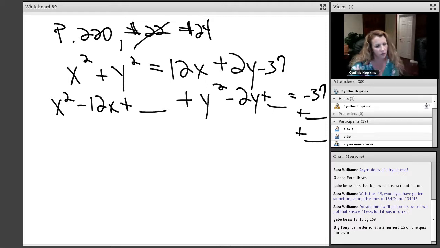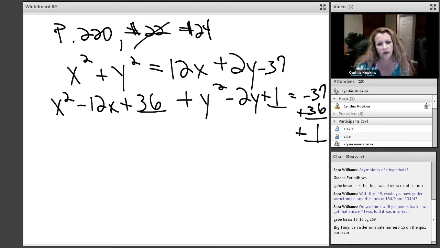Okay, the leading coefficient of x squared is a 1. That's why I can take half of my negative 12 and square it, and I get plus 36. Okay, then because my leading coefficient of y squared is a 1, I can take half of negative 2, square it, and I get plus 1. And so I'll add 1 over there also, and then my negative 37 plus 37 adds up to 0.